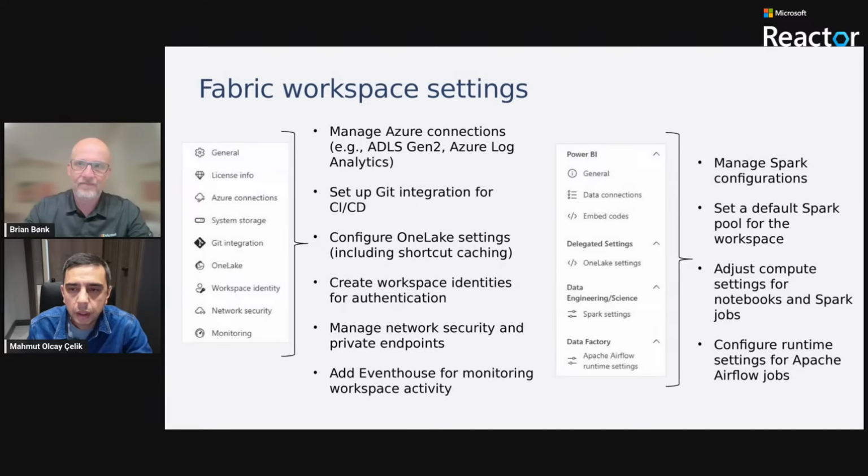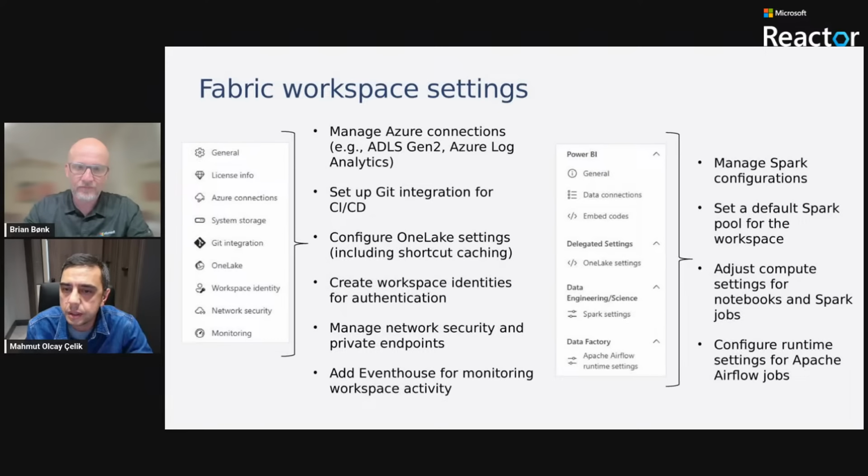So it's going to be a special one because Fabric Workspace settings are a little bit huge. First of all, you have to be a workspace administrator to access the workspace settings. If you are not a workspace administrator, you cannot see the whole list.